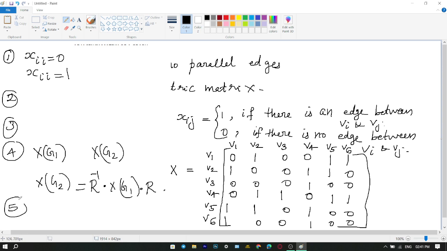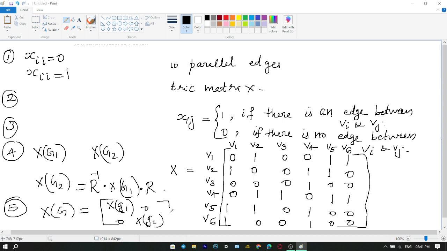Now, the fifth observation: a graph G is disconnected and is in two components G1 and G2 if and only if its adjacency matrix X of G can be partitioned as X of G equals X of G1, 0, 0, X of G2.